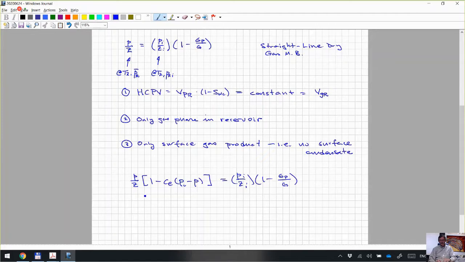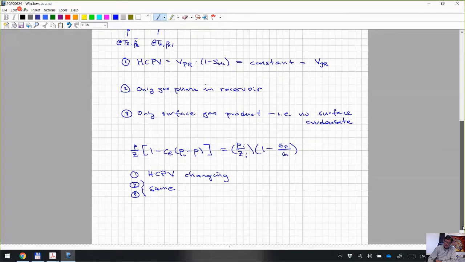This equation changes assumption one, because here the hydrocarbon pore volume is changing. But 2 and 3 are the same assumptions. That there's only gas in the reservoir, there's no retrograde condensate or reservoir condensate, and there's only surface gas product being produced.